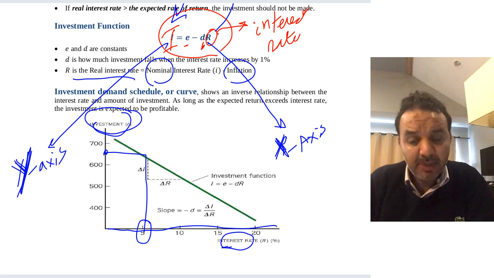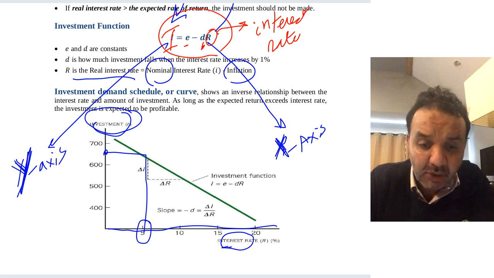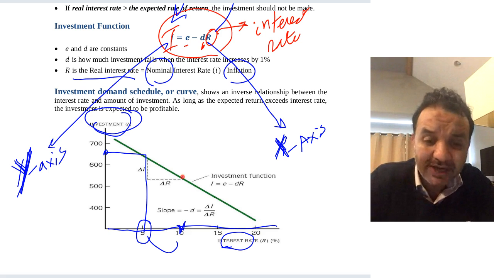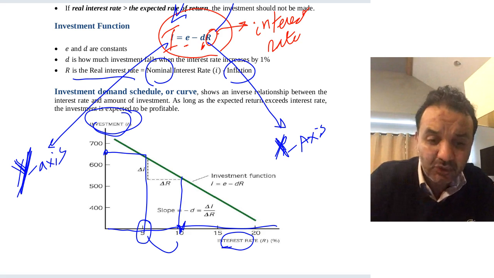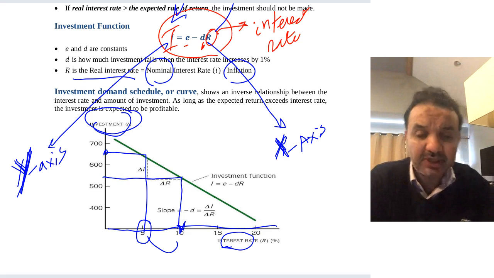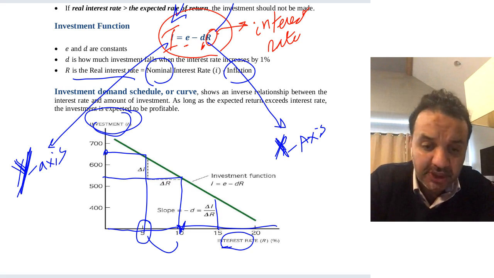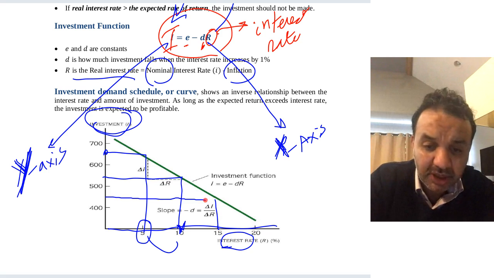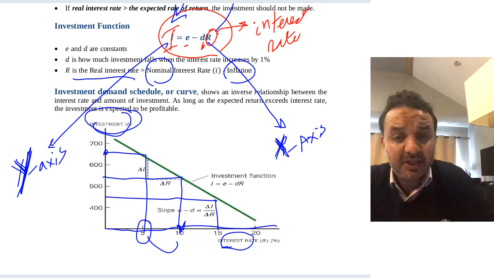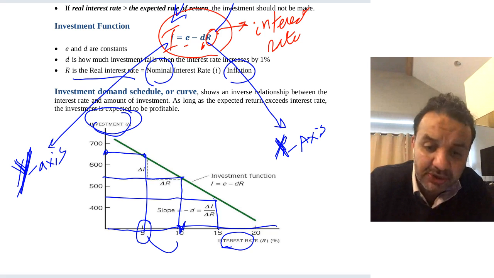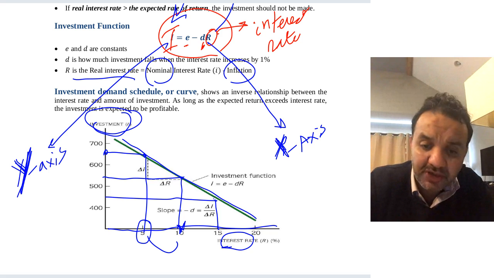If the federal bank increases the interest rate to 10%, this will be an additional cost for me, so I will have less incentive to invest and will invest less. If the interest rate becomes 15%, this is too high, so I would have less and less motive to invest. If we connect these points, this is what we call the investment function.